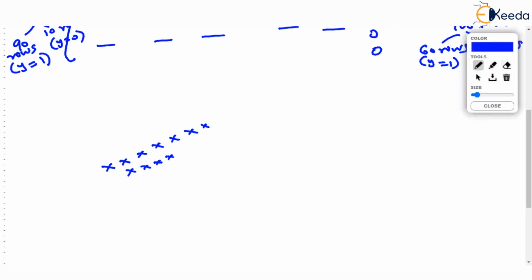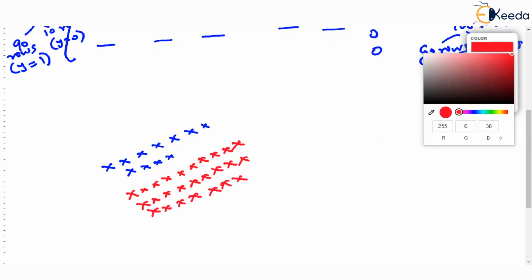And red points are class 1 points. Now, please try to understand, red points, that is class 1 points, are a lot as compared to blue points. So actually, you know, if we imagine that these are the class 1 points.